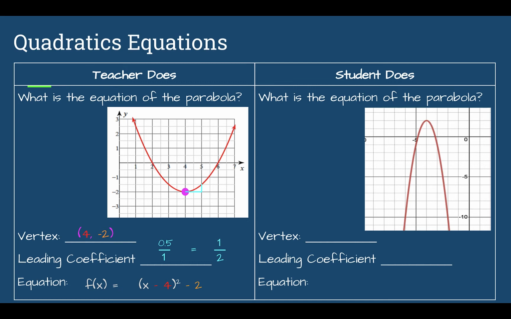And then your leading coefficient goes out front. So our equation would be f of x equals 1/2 times the quantity x minus 4 to the second power minus 2. That is our function in vertex form. I just took the values that I figured out and plugged them in.